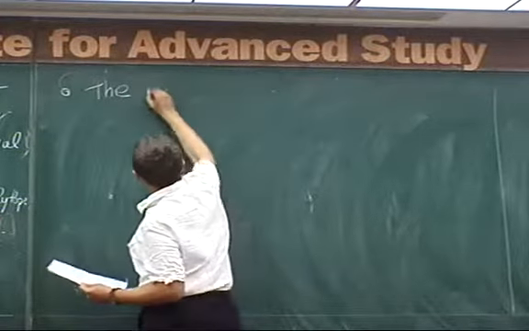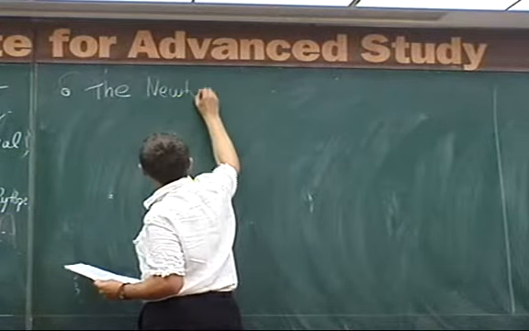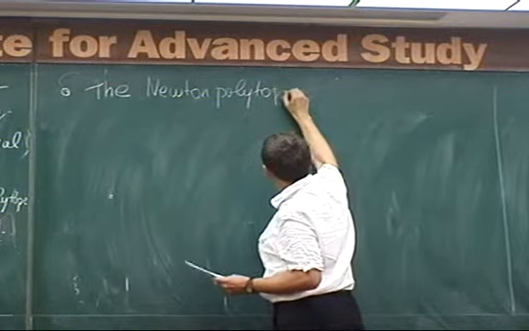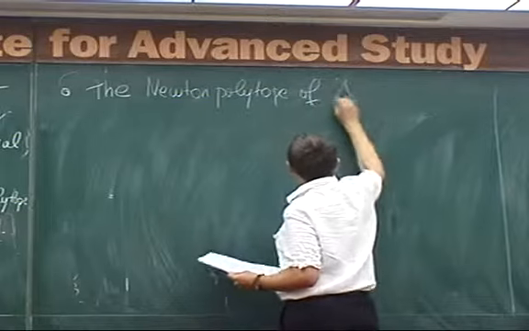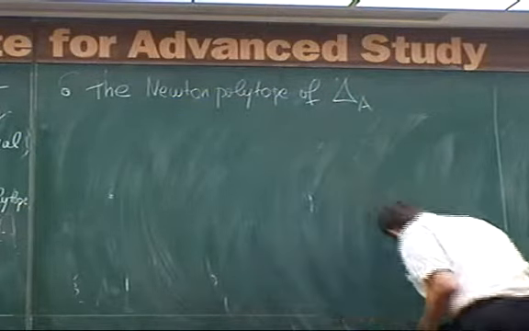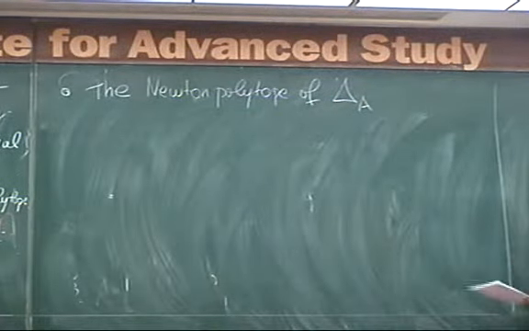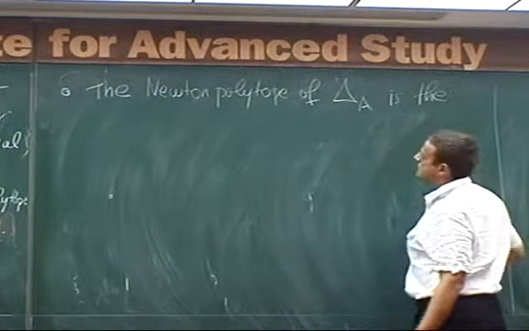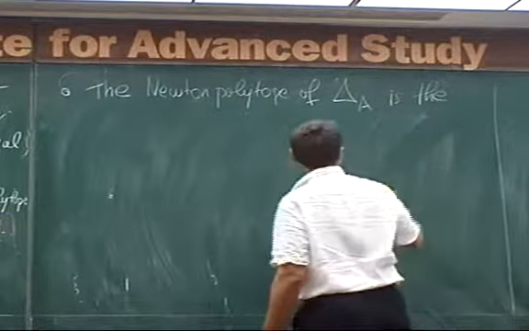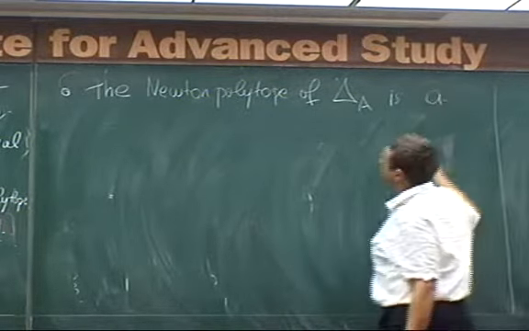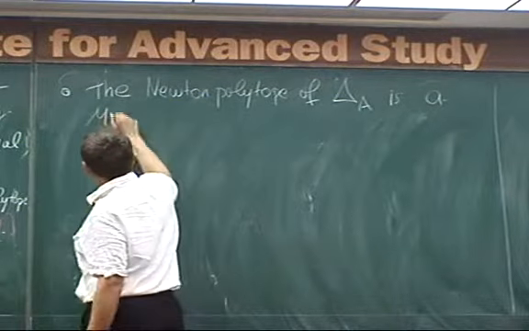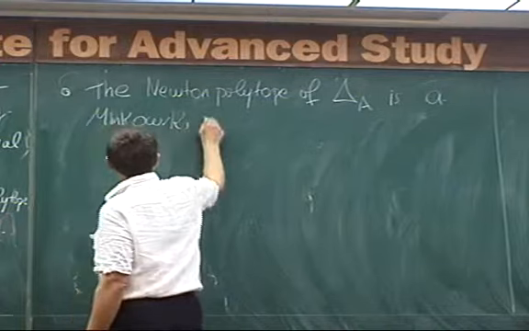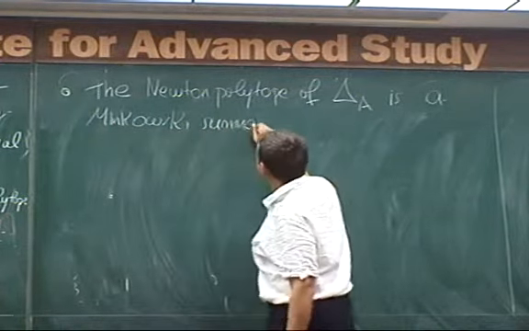The key insight is that the Newton Polytope of the discriminant, which is what they really want to understand, is a Minkowski summand of a very beautiful combinatorial polytope called the secondary polytope.